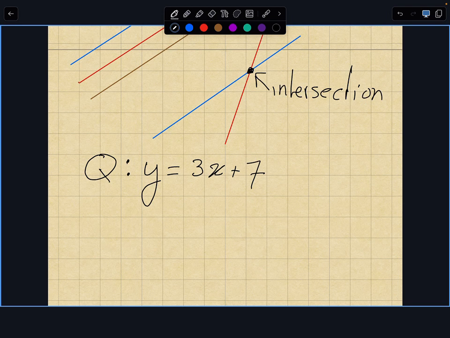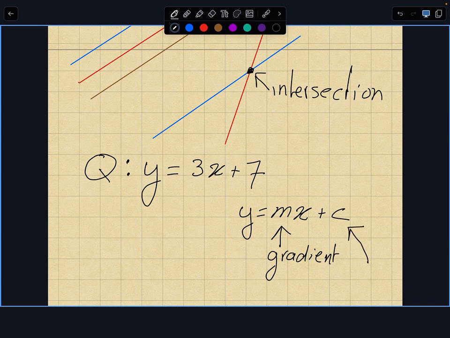We know the standard form of a linear equation, which is y equals mx plus c. That's the standard form. M stands for the gradient. C stands for the starting point.